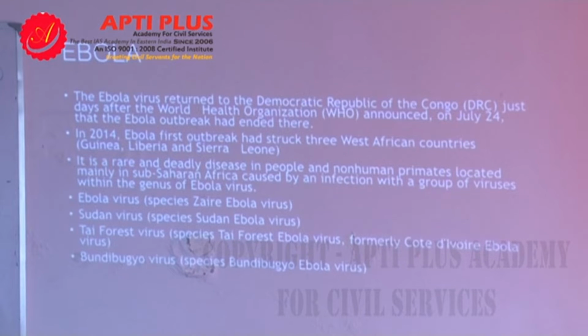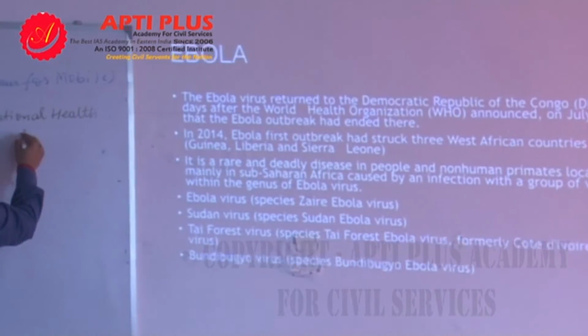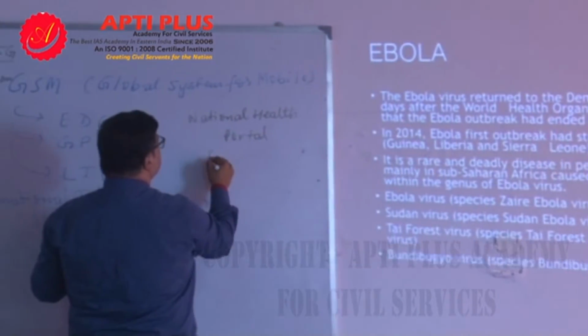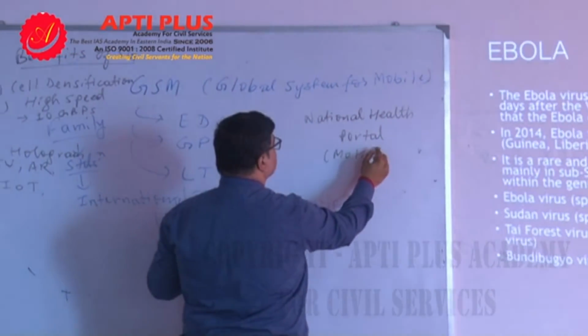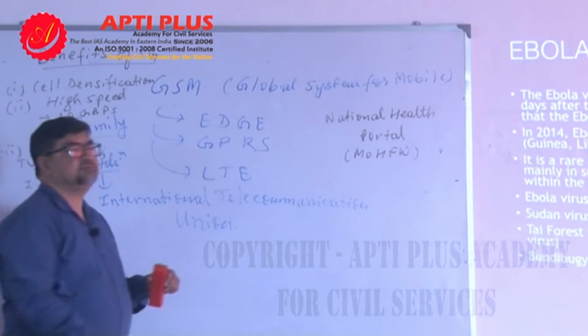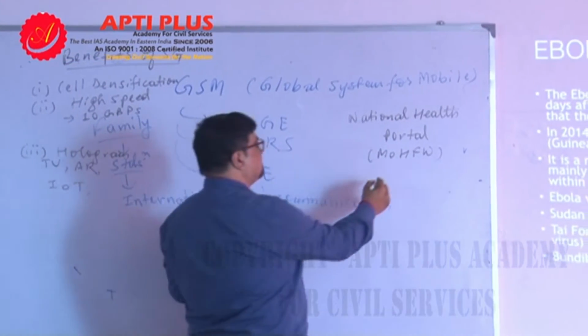What is the name of the website? National Health Portal. Whenever you have to study any health aspect and disease aspect, you can follow this National Health Portal of the Ministry of Health and Family Welfare. There is one link called A to Z of diseases.